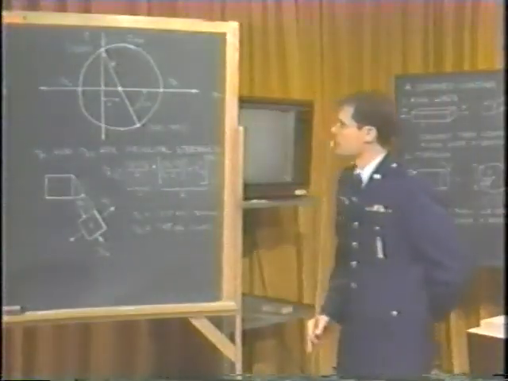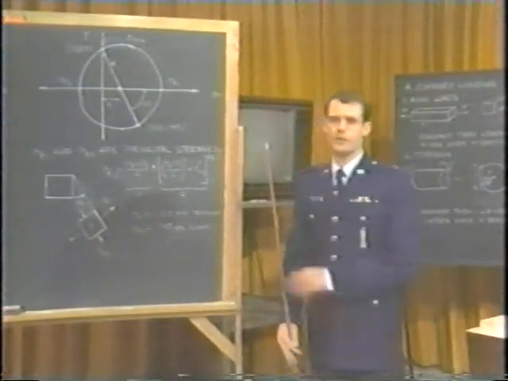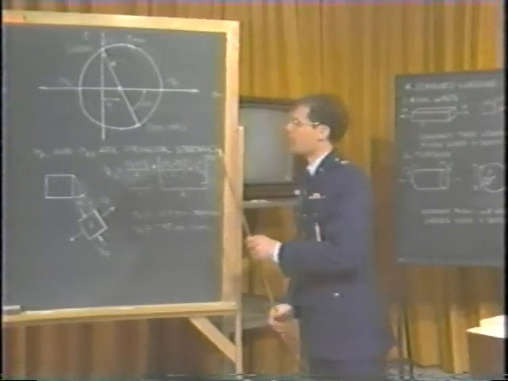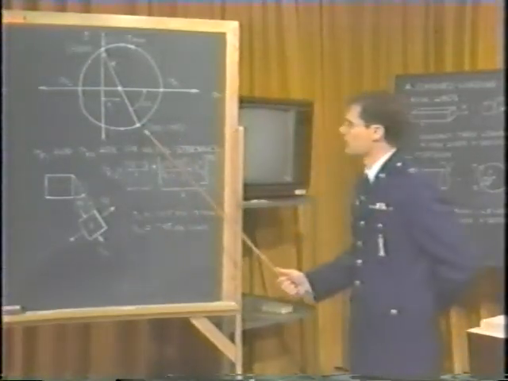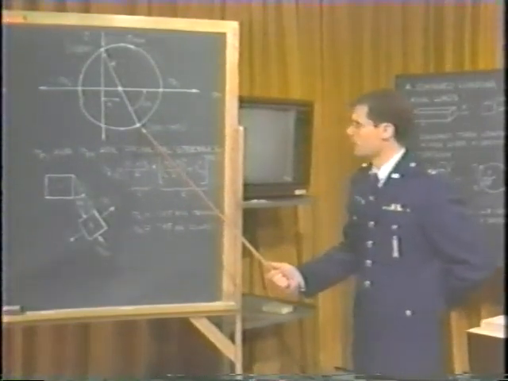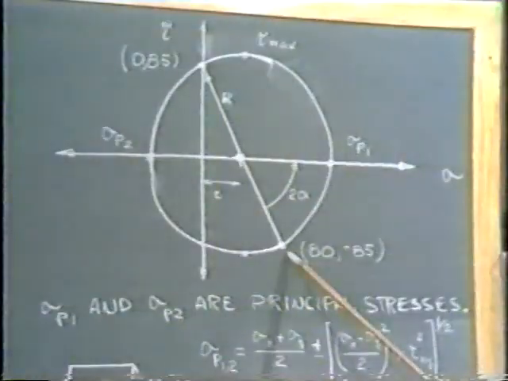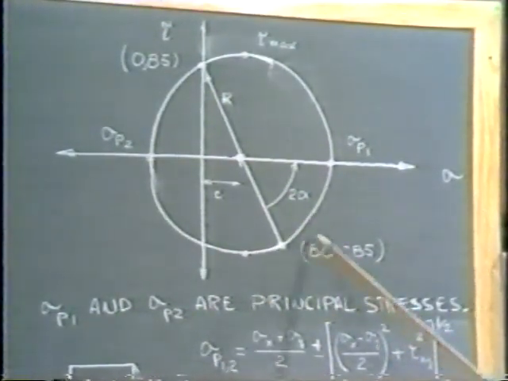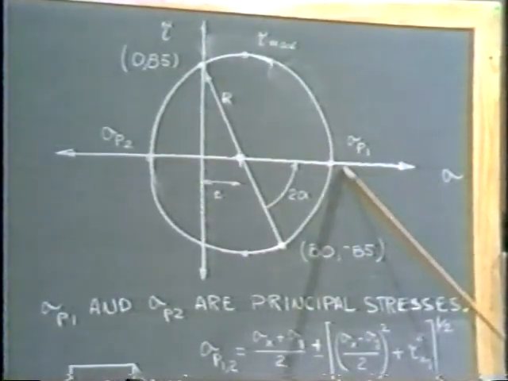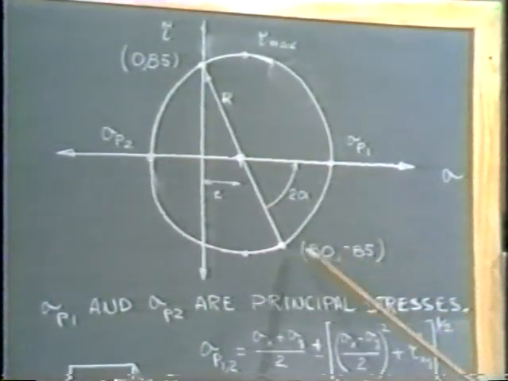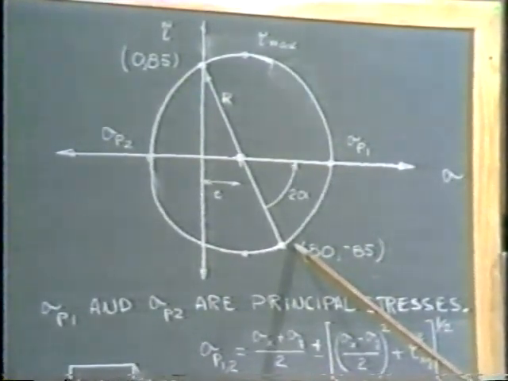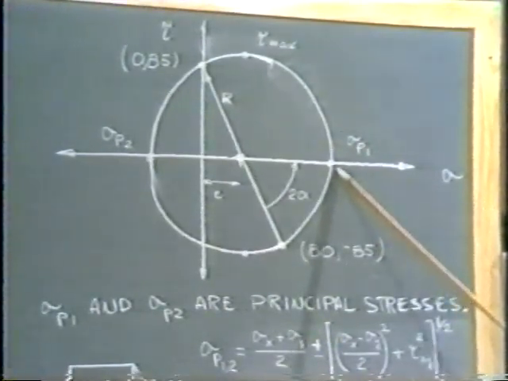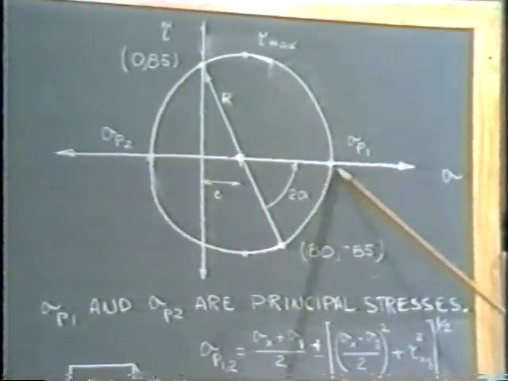Where the location of the principal stresses are found is a little bit difficult to describe, but let's go through it as simply as I can. I notice that there is a relationship between the point I plotted first, representing the vertical face on my stress block, and the angle we'll call 2 alpha here, to the first principal stress. That means that if I rotate the stress block a distance alpha, not 2 alpha, I would find the location in the stress block where the first principal stress acts.